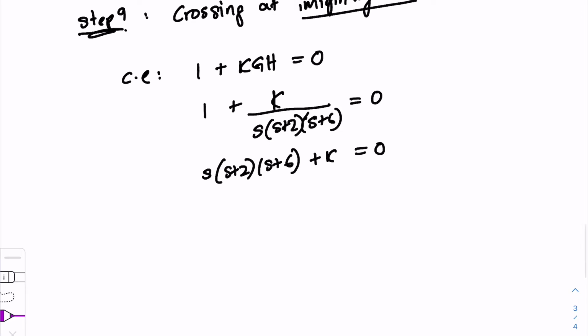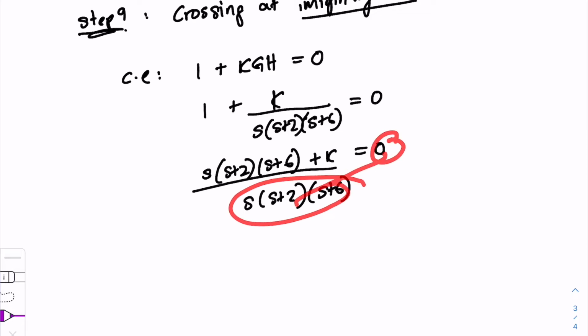Of course, the denominator will be the same. The common denominator will be s(s plus 2)(s plus 6). But because that part is multiplied with 0 on our equation here, that part will be neglected. It becomes 0.